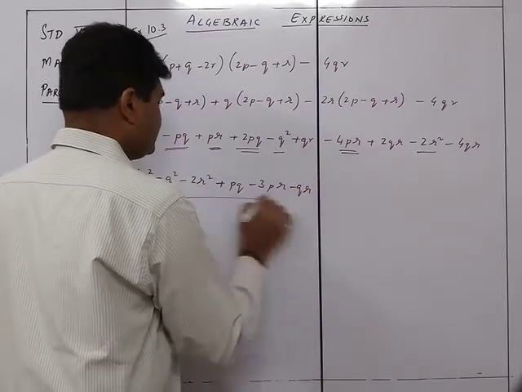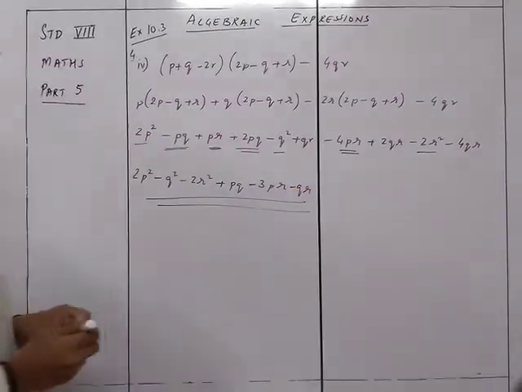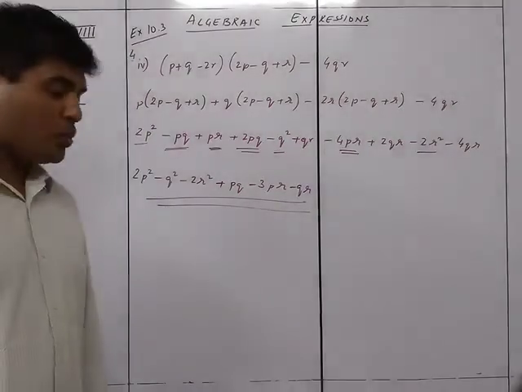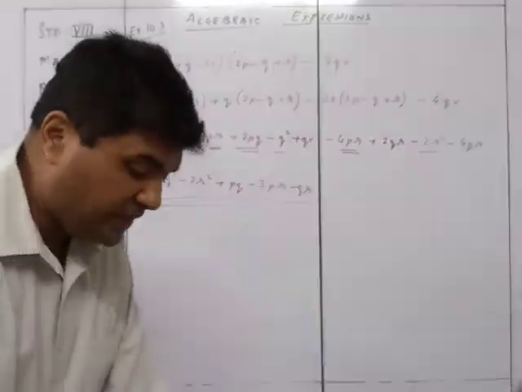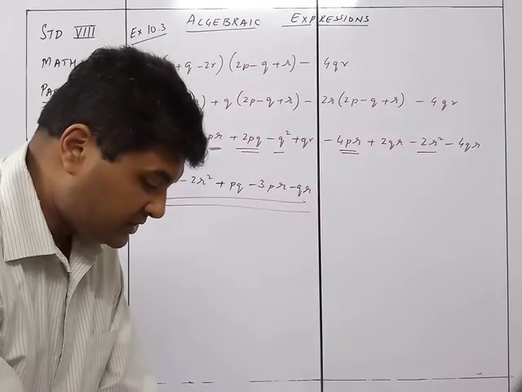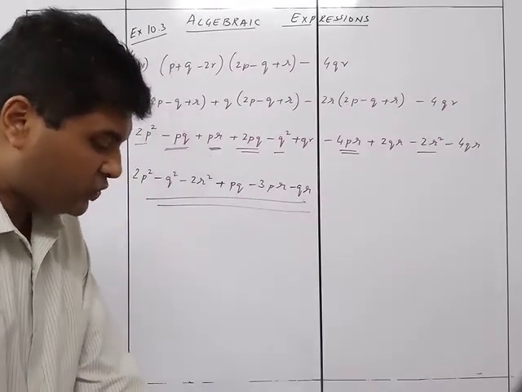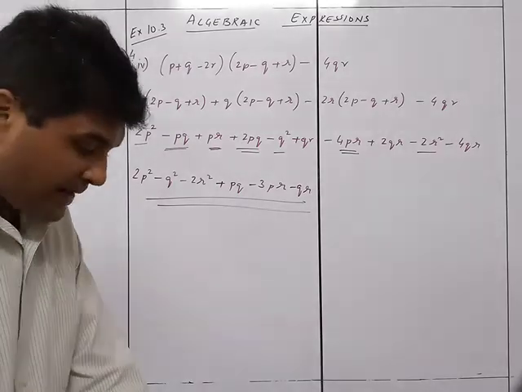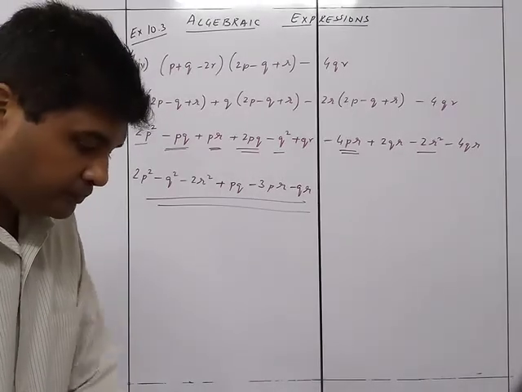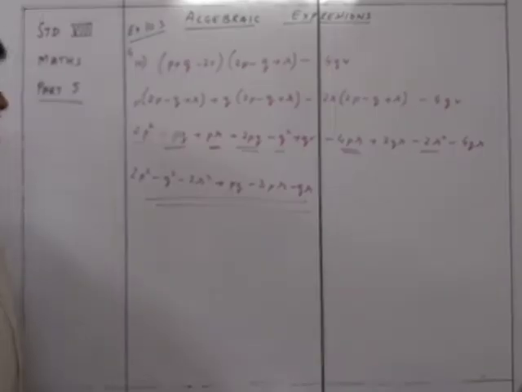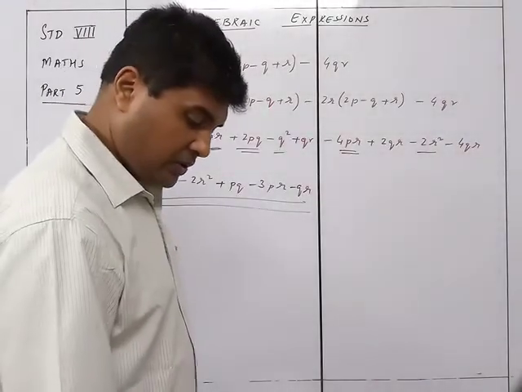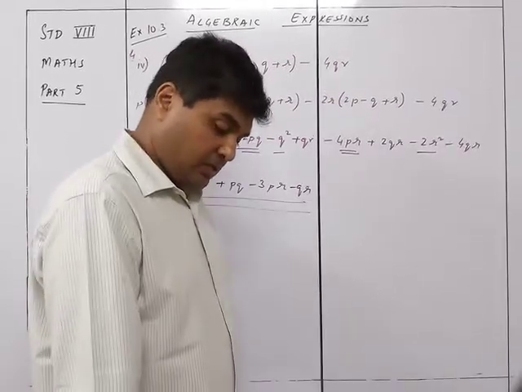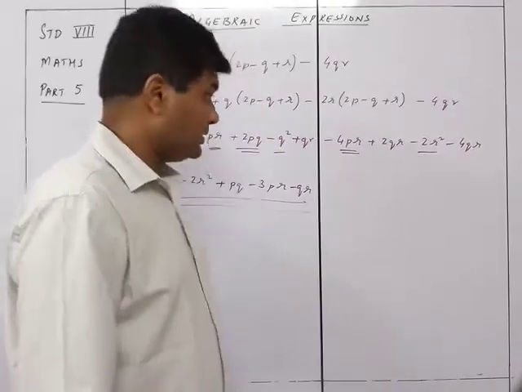So the final answer is 2P square minus Q square minus 2R square plus PQ minus QR minus 3PR. That was sum number 4th, the 4th. We now move on to sum number 4th, the 6th, which is quite a huge one. Come on, let's do it.